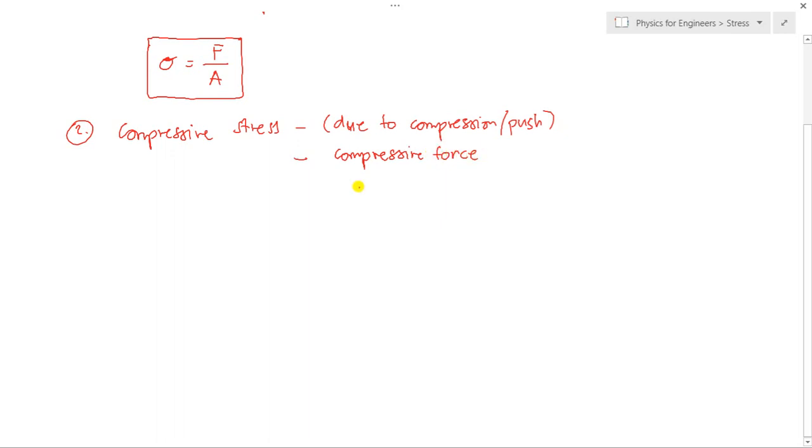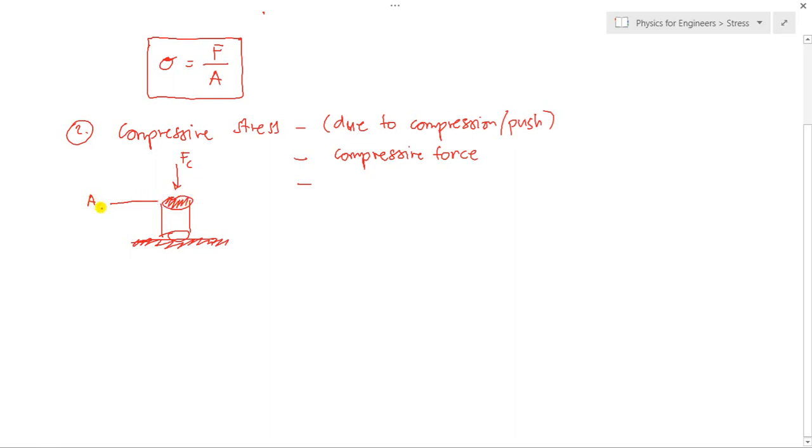Let's say we have a rod on the ground or on this surface, and then we apply here FC. So FC is denoted for the compressive force.